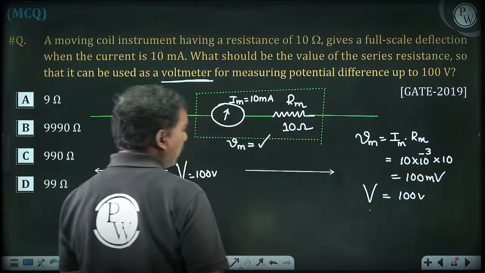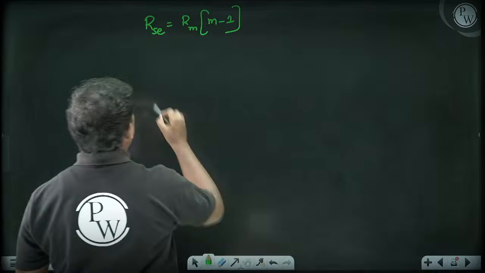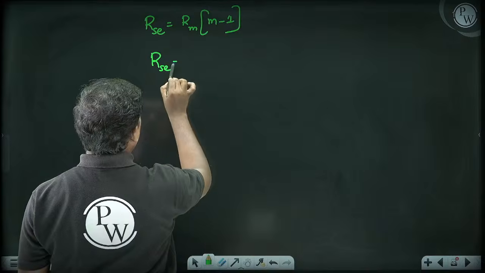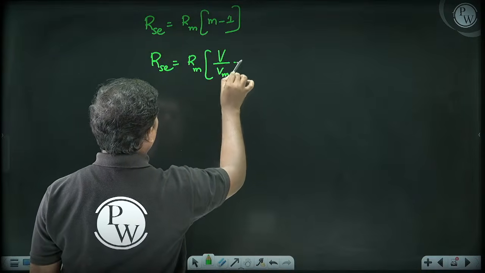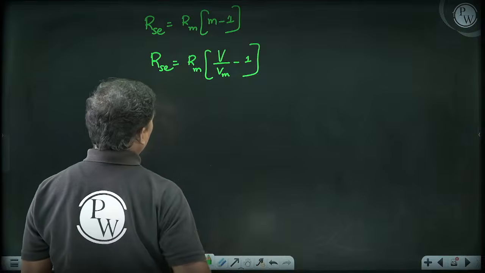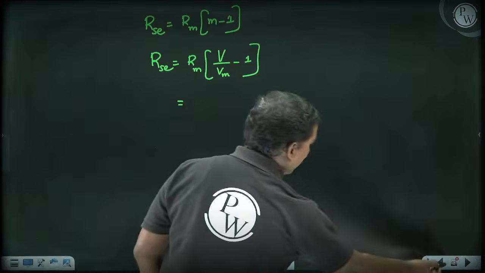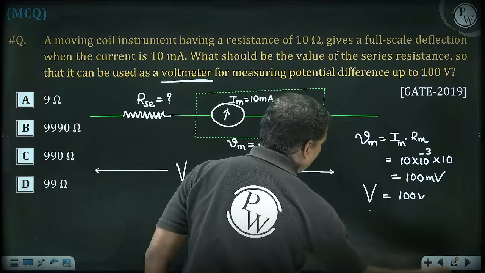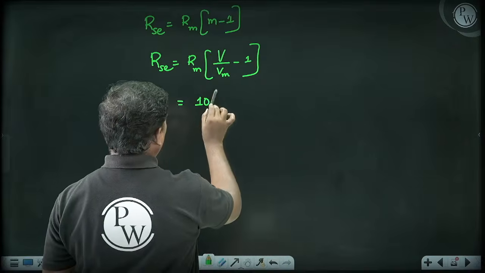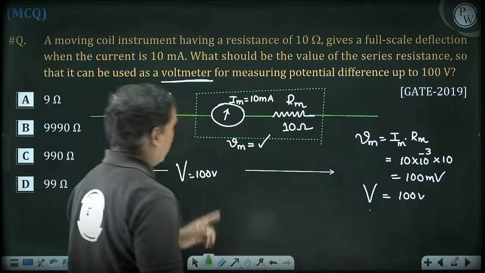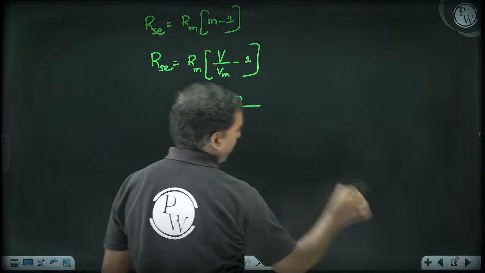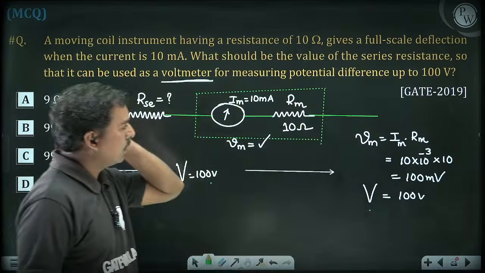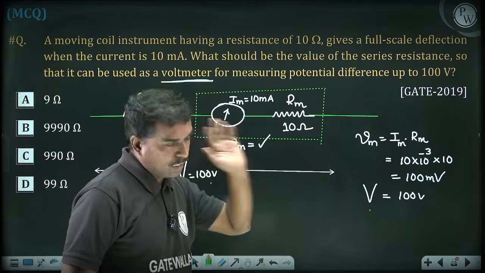Where m is the multiplying factor, so Rse is equal to Rm into (V by Vm minus 1). The meter resistance is given in the question, that is 10 ohms as it is, and capital V I have to take, the capital V is equal to 100 volts, and small Vm, that is how much you got, 100 millivolts.